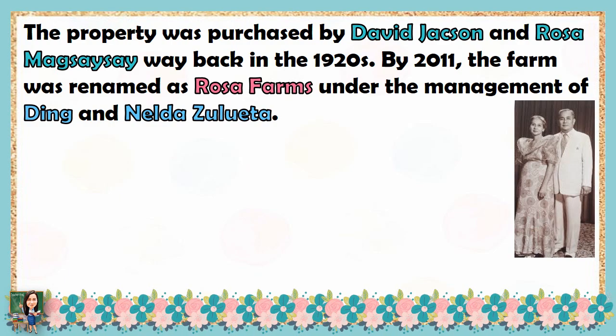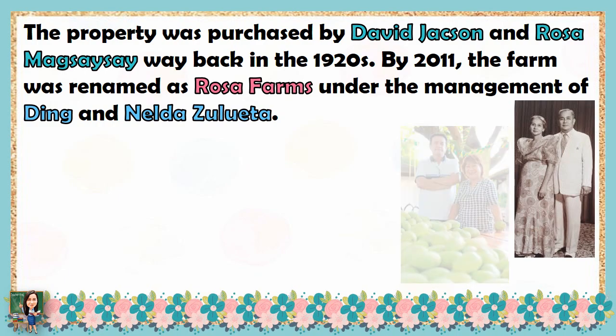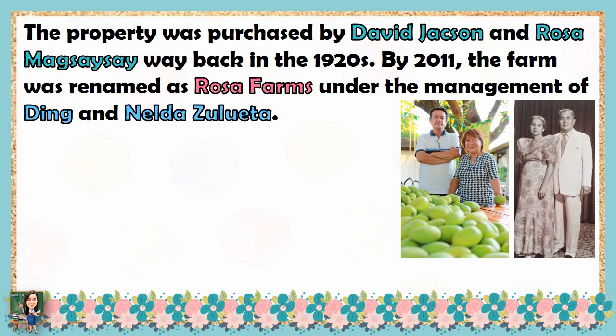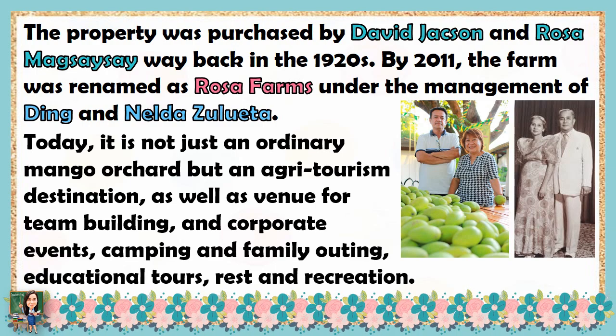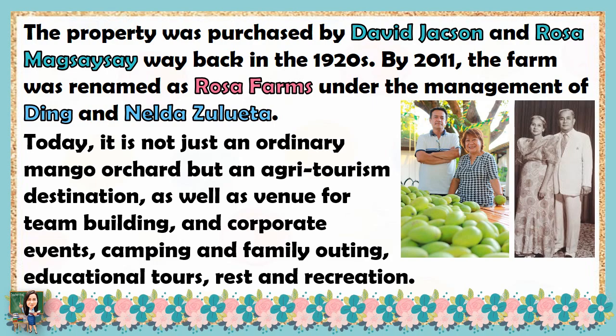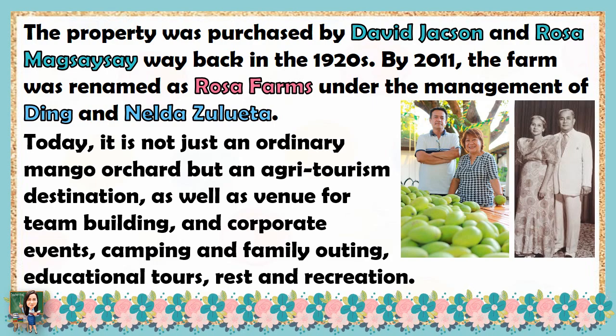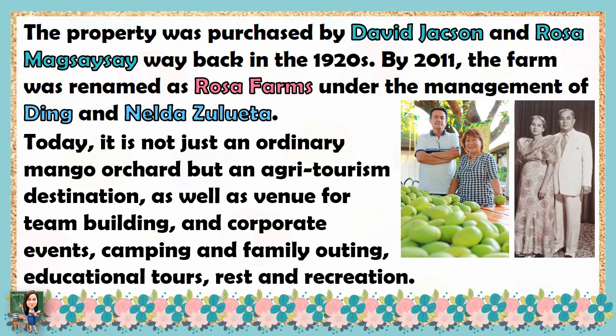By 2011, the farm was renamed Rosa Farms under the management of Ding and Nelda Zulueta. Today, it is not just an ordinary mango orchard but an agritourism destination as well as a venue for team building and corporate events, camping and family outings, educational tours, rest and recreation.